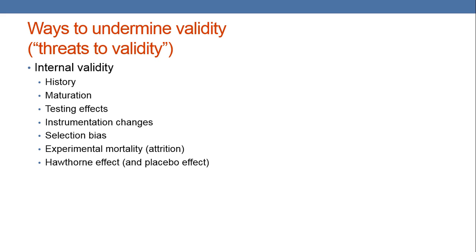So the first one is history. History threatens validity in that there can be an external event outside of your intervention that shapes the entire intervention.